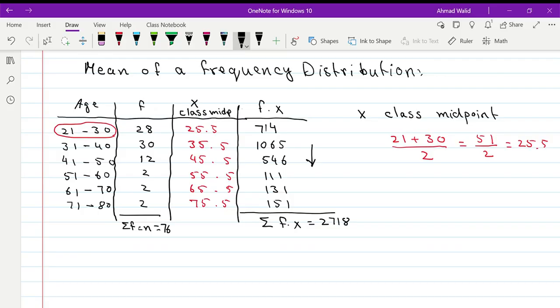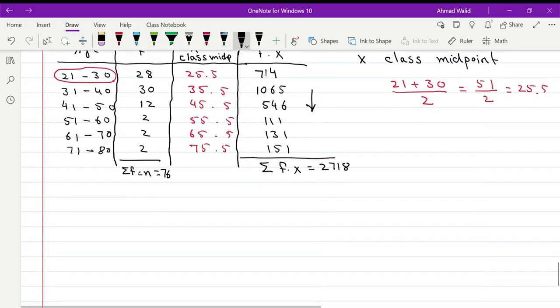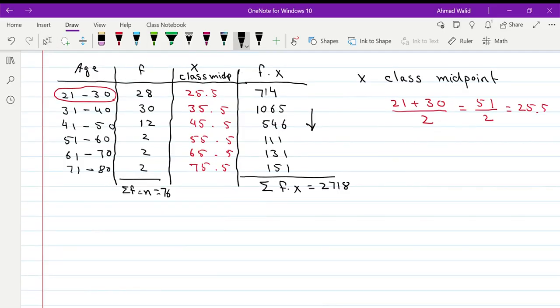And you will end up with 2780. Now, the formula to find the mean of a frequency distribution: X bar equals the sum of f times x over N. That's your formula to find the mean of a frequency distribution.